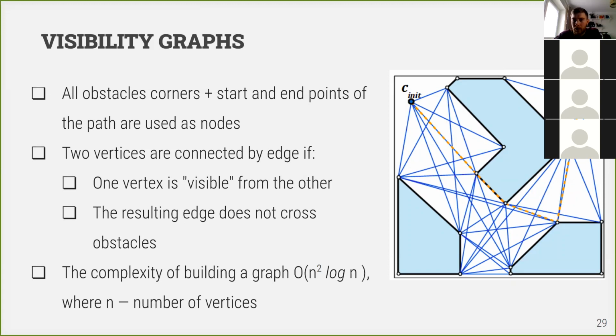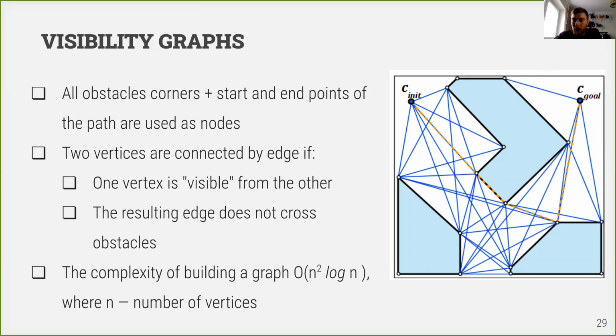So you can see that there are many connections we can perform even in such a simple environment. And all vertices are connected with the initial configuration if there is visibility between them, and the same for the final.